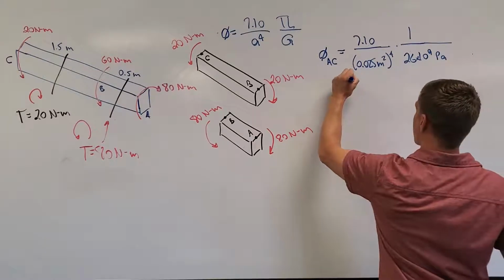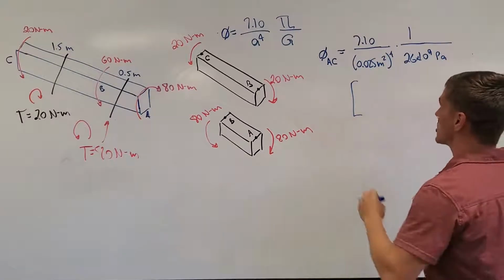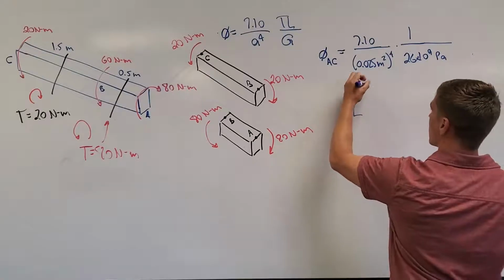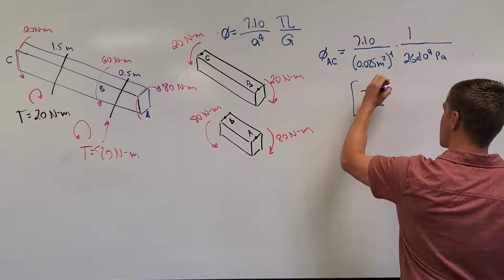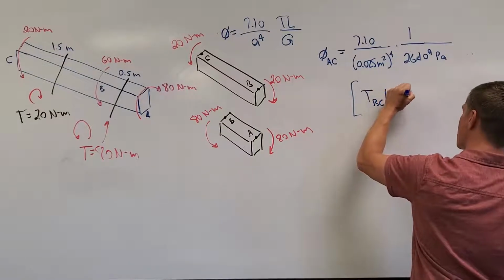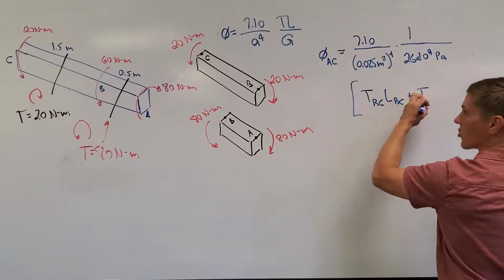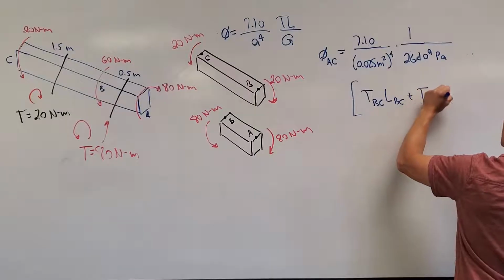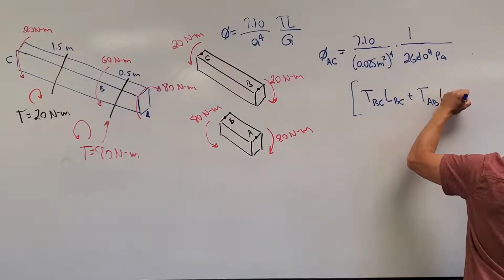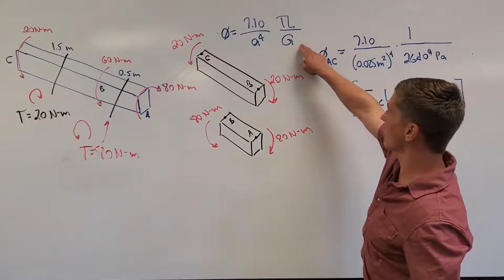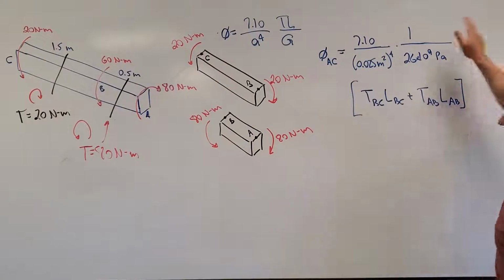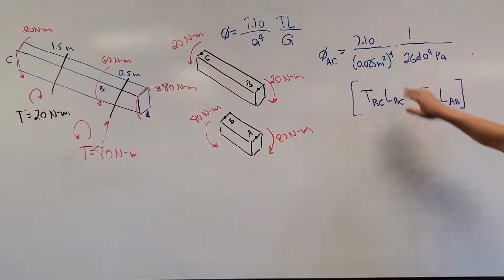And now I have a summation of the torque between B and C times the length between B and C, plus the torque between A and B times the length between A and B. I probably should have written that up here in this form of the equation, but now I know everything there is to know about this problem.